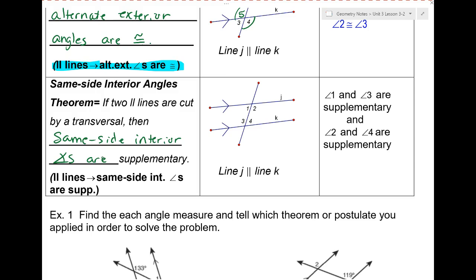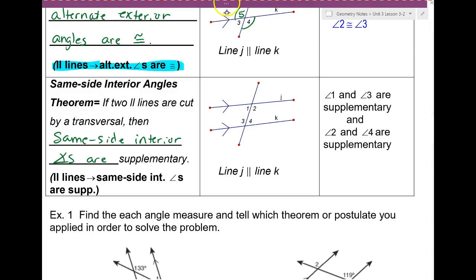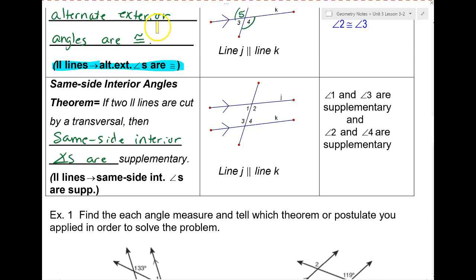So all of these would be the same size, and it would still be true that same side interior angles, 90 plus 90, add up to 180 as well. Way to skip ahead two lessons. But again, I don't want you to write it out the long way or even with the title. I want the shortcut. Are we good? All right, good.